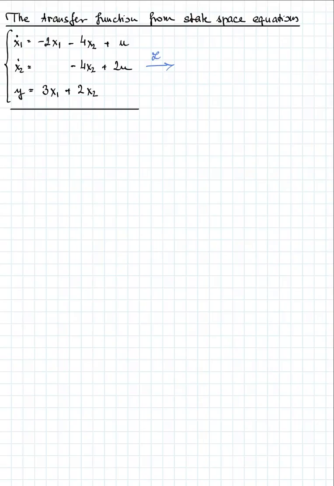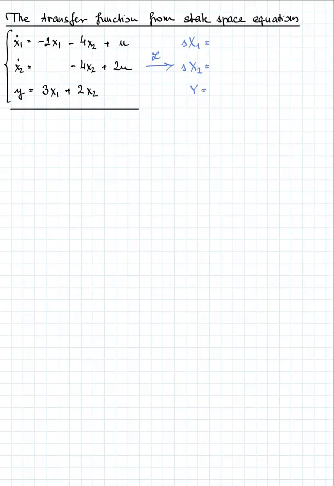We have studied a rule for the derivative. So if we have the Laplace transform of the x1(t) function, and we have x1 dot and we Laplace transform it, it means just a multiplication by s. So sX1 and sX2 will be on the left hand side of the first two equations, and Y on the last.